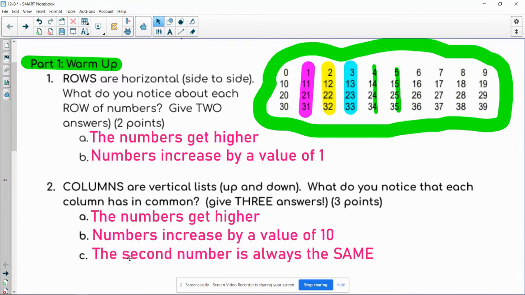And if you're doing this on your own, I suppose you could have said that the first number increases by 1. But those are all things that the rows and the columns have in common. And we're just looking for patterns, is the idea. When we look at the real periodic table of elements, there's a lot of patterns that we can recognize.